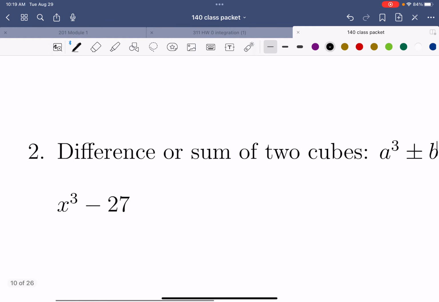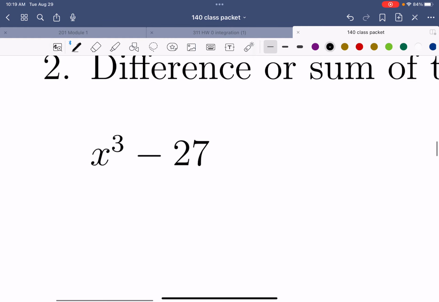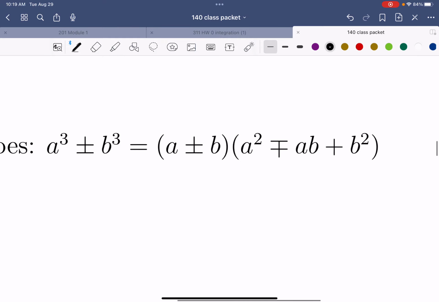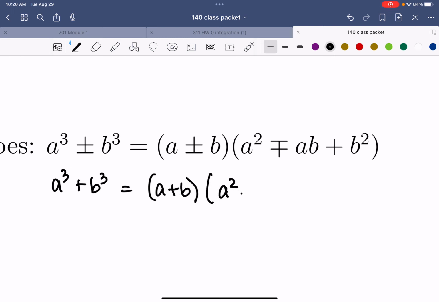Okay. And then for cubes, right? x cubed is a perfect cube and 27 is a perfect cube. We can do this whether they are being added or being subtracted. And the formula looks like this. If you have a perfect cube plus or minus a perfect cube, with the plus minus signs here, you're just going to read the row. So if it's a cubed plus b cubed, then it's a plus b and a squared minus ab plus b squared.